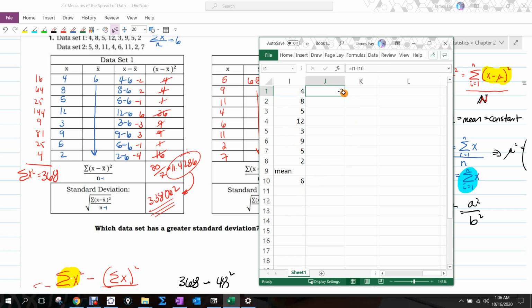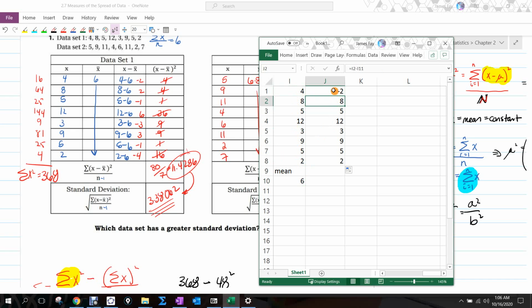It's going to have to find all of these deviations. It has to be programmed to look at this number, look at that number, subtract them, and put it there. Then look at the next data point, subtract the mean, put it there.